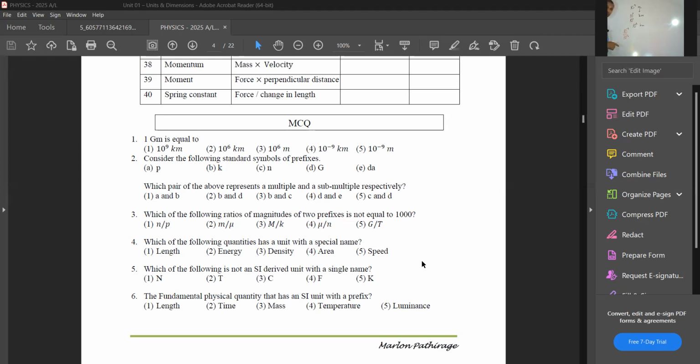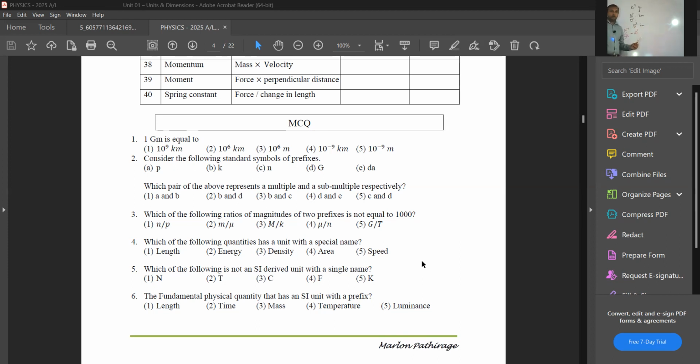Plus 12 minus 9 is equal to 10 to the power 3. So the first answer is equal to 1000, so it is not my choice. The second one, million micro. Look at this one.